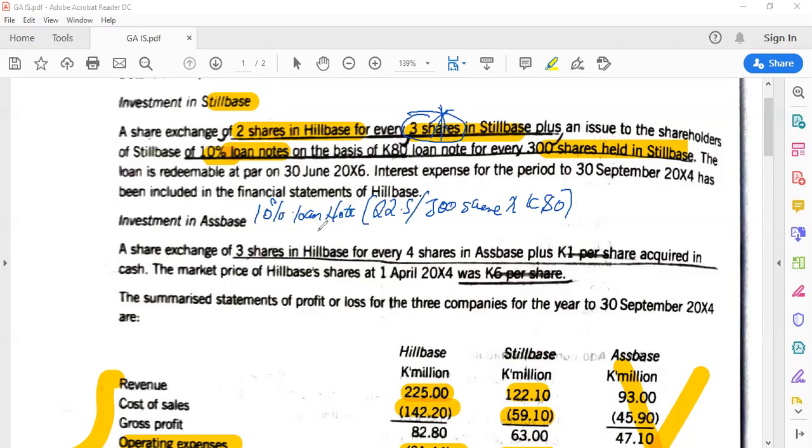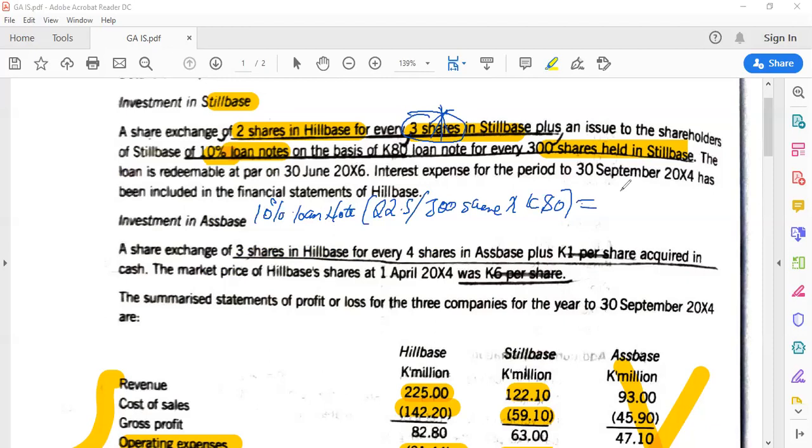But we are told for every 300 shares he holds, there's a 10% loan note on the basis of how much? 80 kwacha. So we multiply. How much money are we getting that is supposed to be added on? It's 6, then by 10%, it's 3.6.